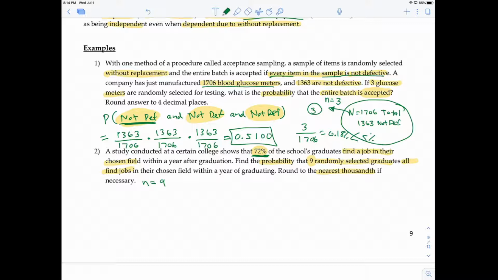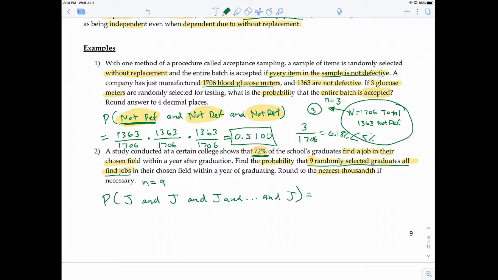Okay, so how would we get that all 9 of them graduate and find jobs in their chosen field? Well, that's the probability that the first one finds a job in their chosen field. And I'm going to use the uppercase letter J to represent somebody finding a job in their chosen field. And then the second one, and then the third one, and then the 9th person.